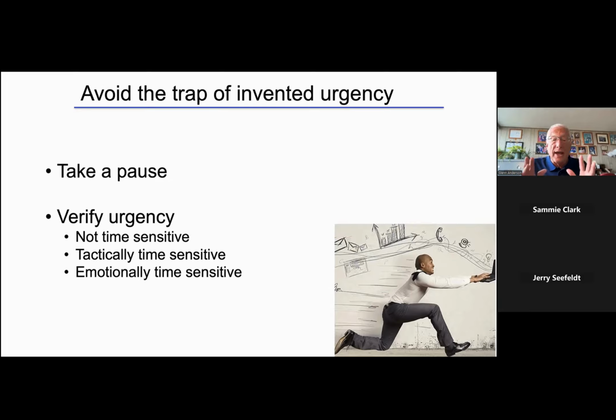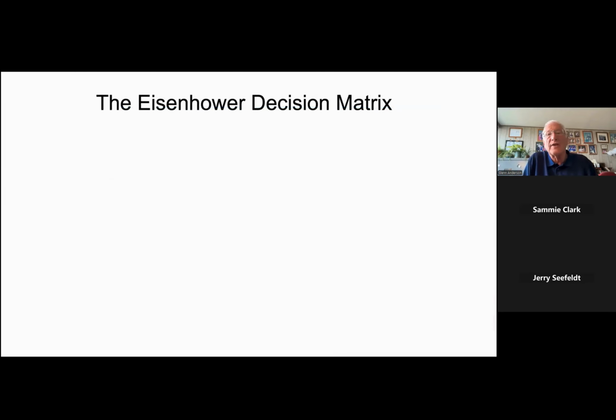Now, there is a tool that you can use to try to identify and manage urgent items against not urgent items. And it's called the Eisenhower Decision Matrix. Back when he was president, Dwight Eisenhower gave a speech once that became a rather famous speech where he talks about the difference between things that are urgent and things that are important.